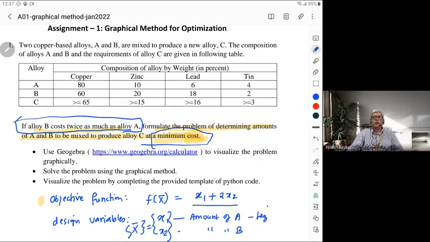So do all of you agree with that? Okay. So we reached the objective function and we have the design variables.